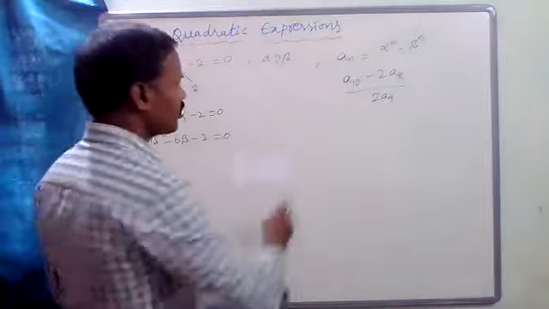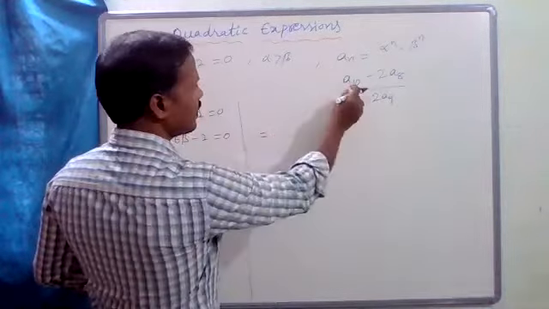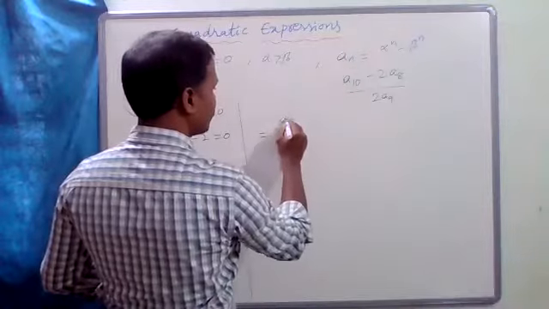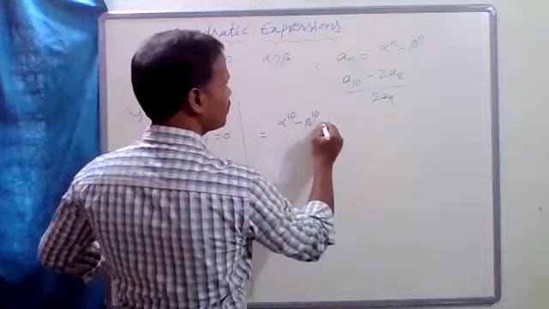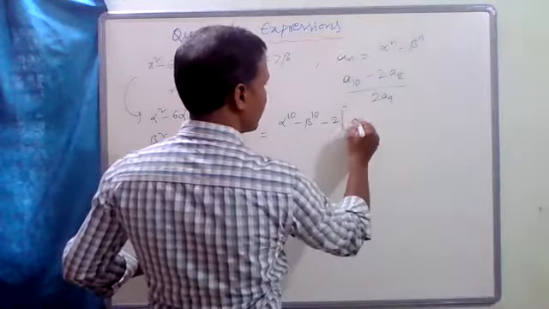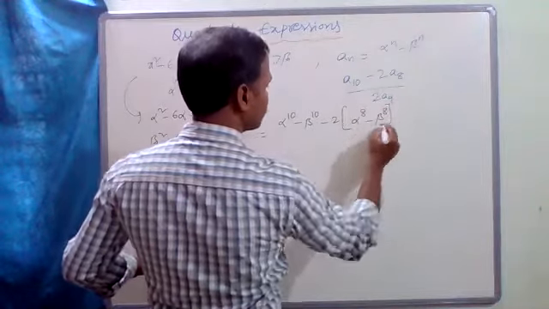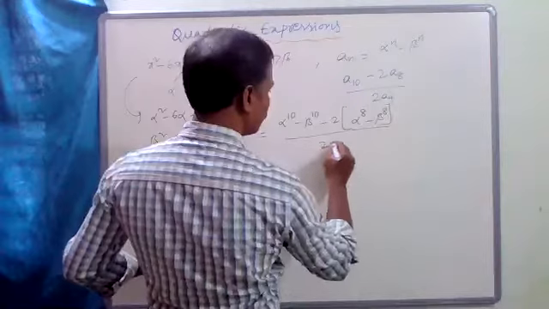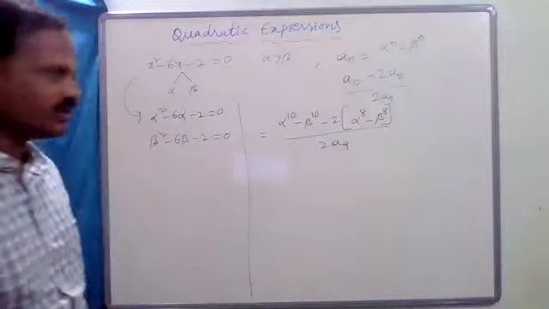Okay, now coming to this expression, a10 means alpha power 10 minus beta power 10, minus 2 into a8, alpha power 8 minus beta power 8, by 2a9. So keep this a9, later we will simplify it.